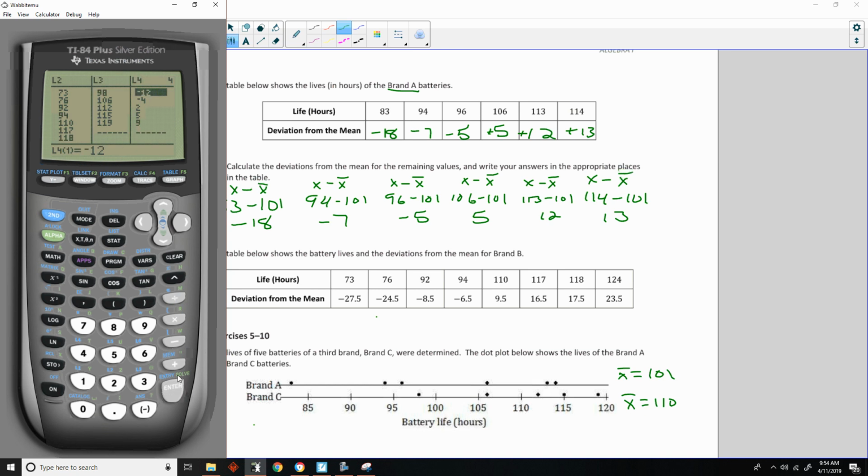And the deviations were negative 12, negative 4, 2, 5, and 9.